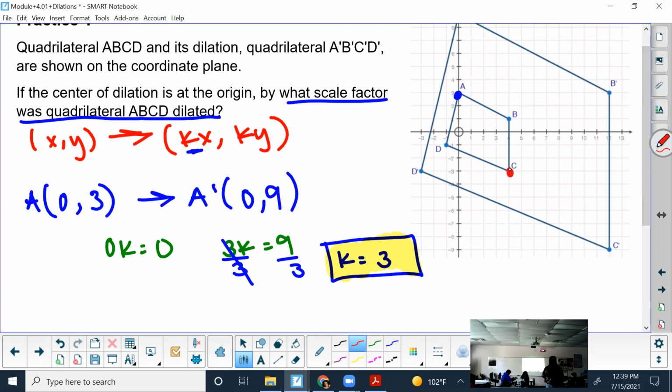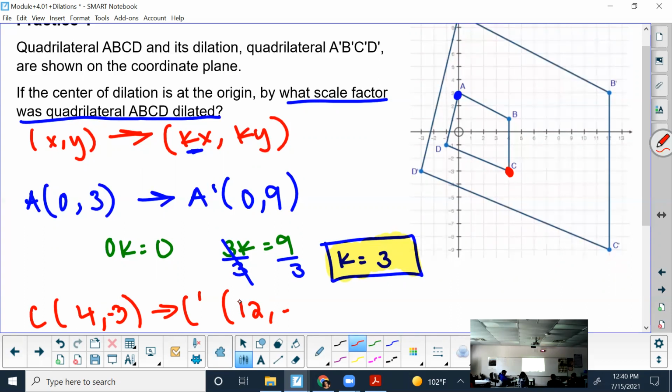So let's try point C. What was point C originally? (4, -3), good. And then C prime is (12, -9). Good.